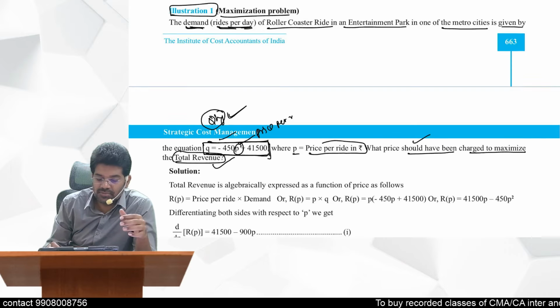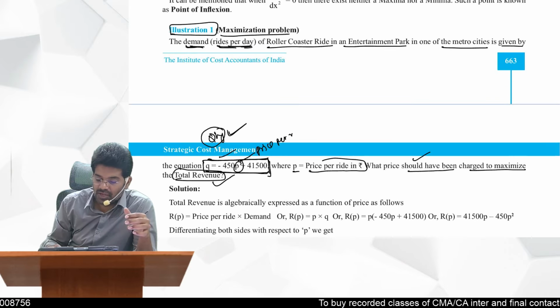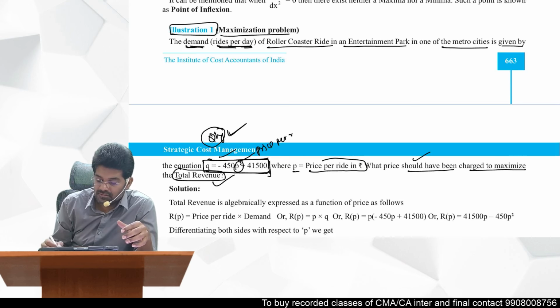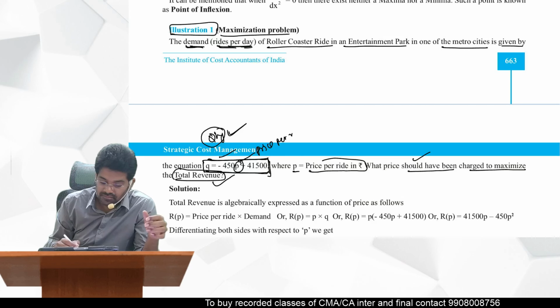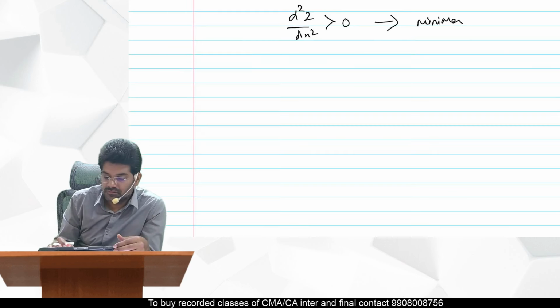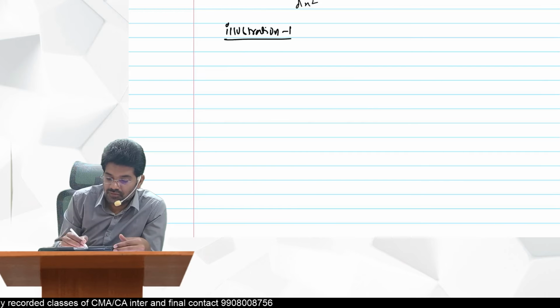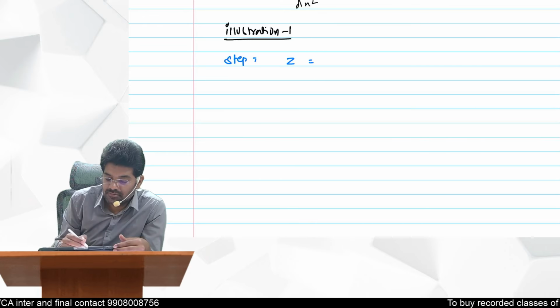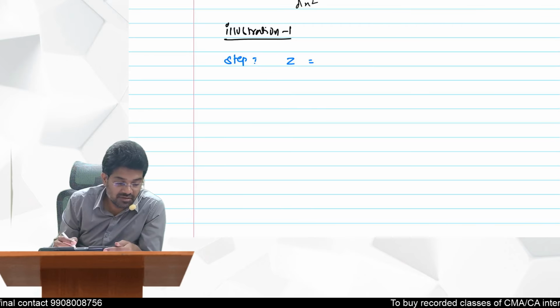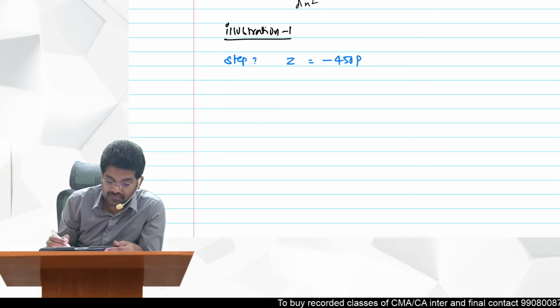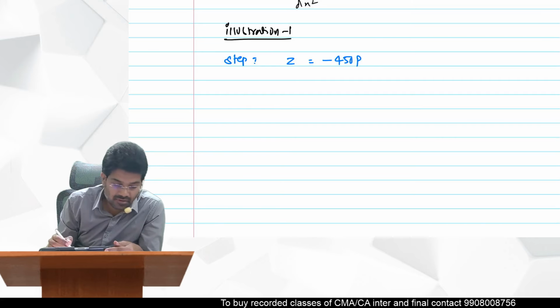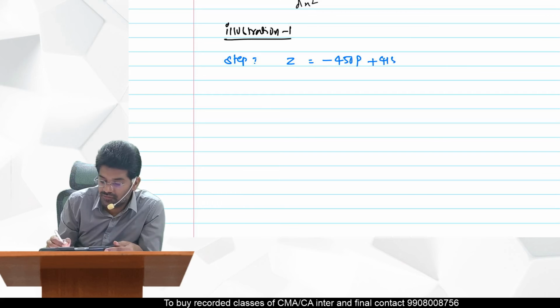So what is the first step here? Step number 1, illustration 1, your ICM material. Z is equal to, what is the equation they have given? Minus 450p plus 41,500.